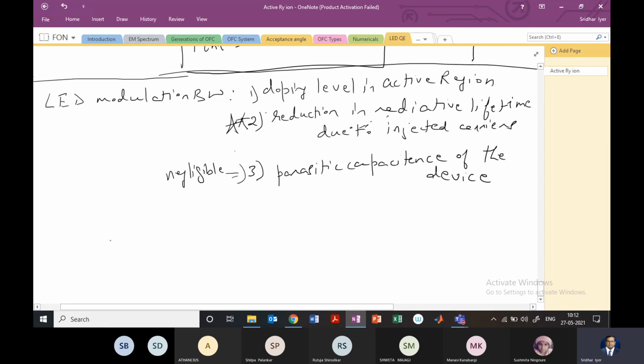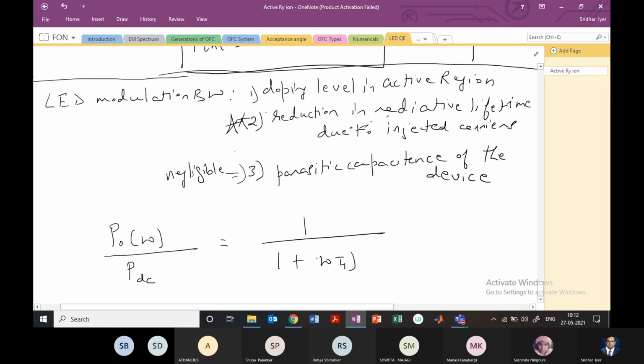Right? So if we denote the optical output power as P0(omega), this is in the frequency domain, and omega is the angular frequency. If we find the ratio with P_DC, that means the DC power value, then in general this is given as 1 by (1 plus (omega tau_i)^2) whole raised to half.